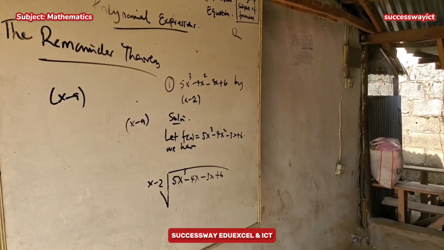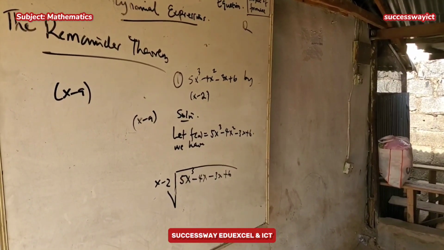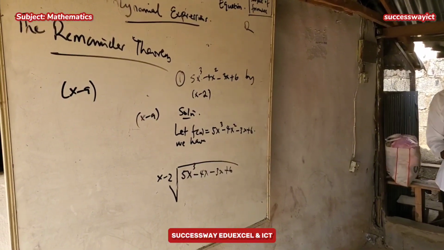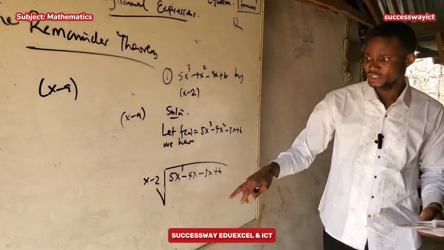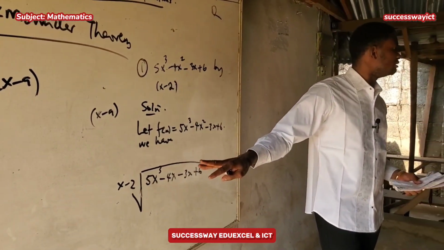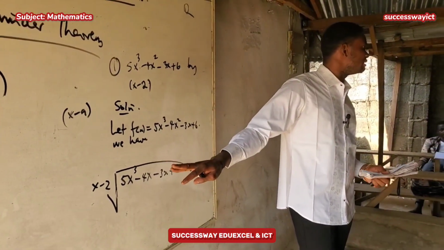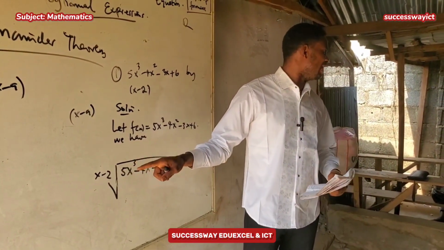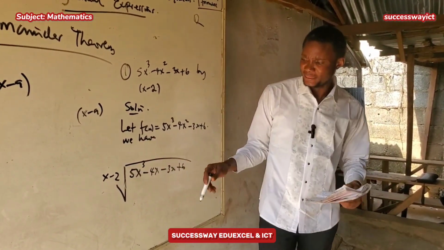Let's quickly divide this. Look up. Do you all know how to do this long division? Now, if you don't know how to do it, look up very carefully how to divide polynomials.